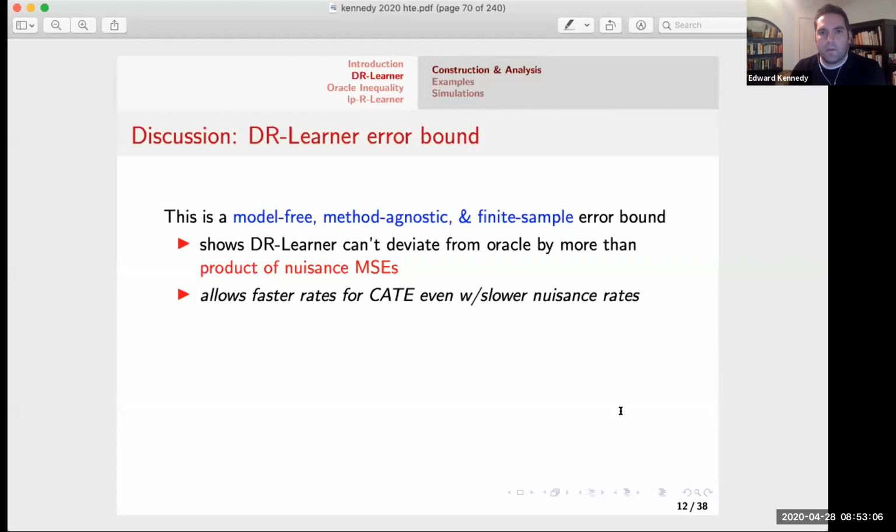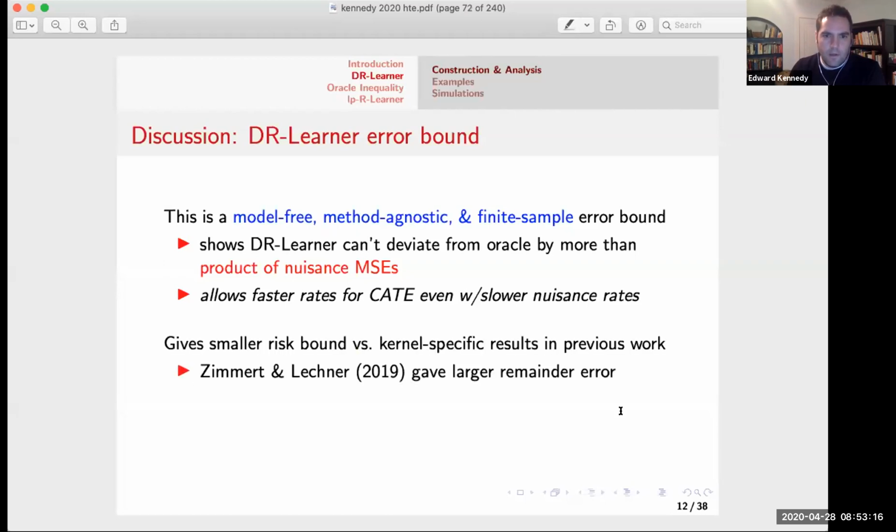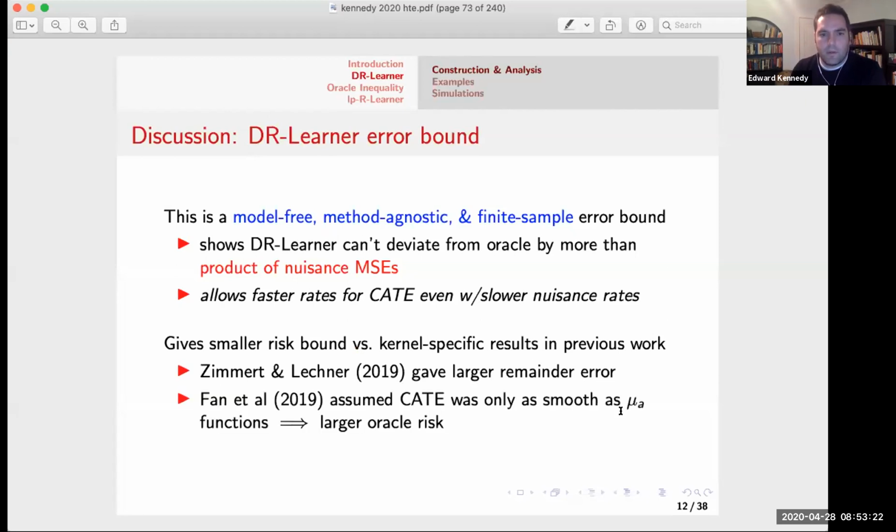It's why we can live with n to the 1/4 rates in that setting and still attain root-n rates, for example, for estimating the average treatment effect. And so even though it's very general, it applies to any estimator, it actually gives smaller risk bounds than what appeared in the previous work, either because they had a larger remainder error just from loose bounds, or they didn't use the smoothness of the CATE and so got a larger oracle risk.